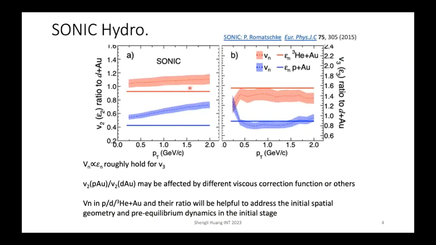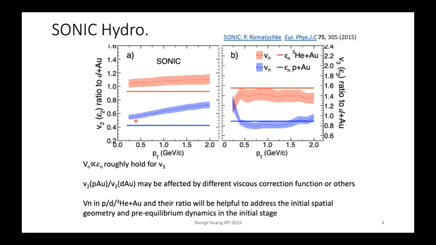We can also look at the SONIC model calculation. That is more like a standard hydro calculation. From the SONIC model, the v2 and v3 ratios are shown in the left and right panels respectively. The red one is the v2 ratio for the He3+Au to the d+Au, and the blue one is the p+Au to d+Au. You can see for v3, the vn ratio roughly holds proportional to epsilon 3. That's as we expected.